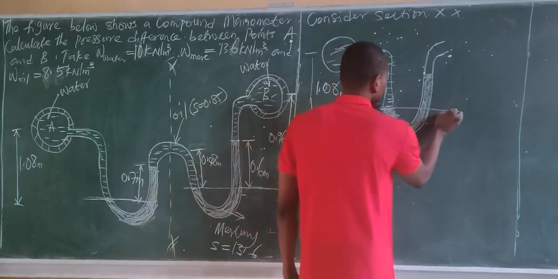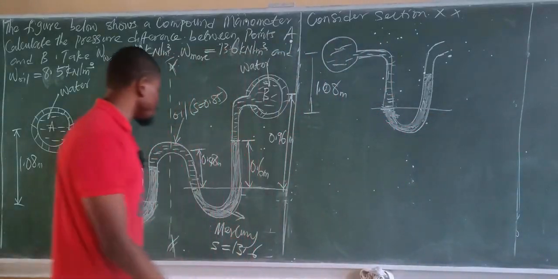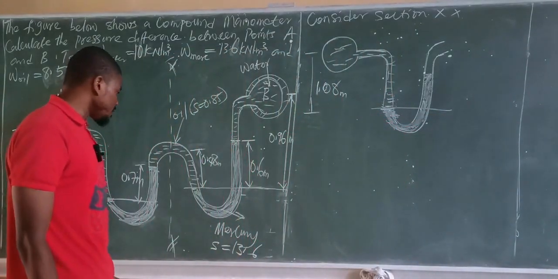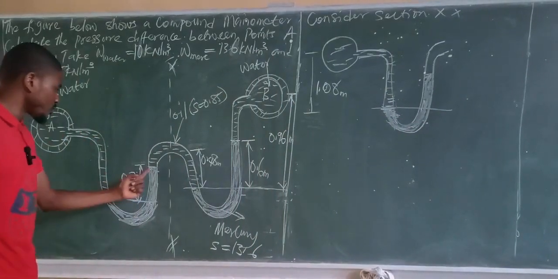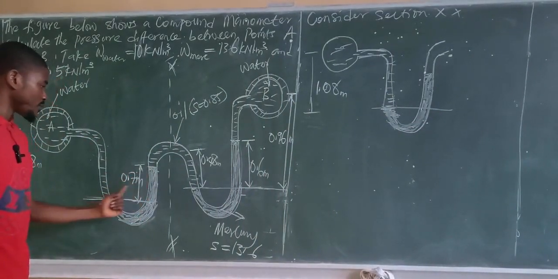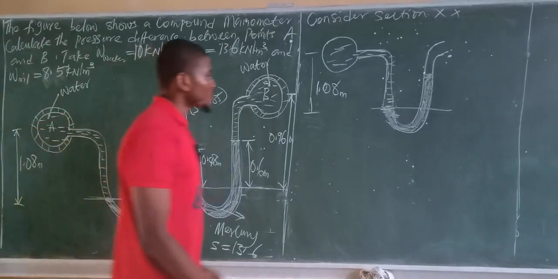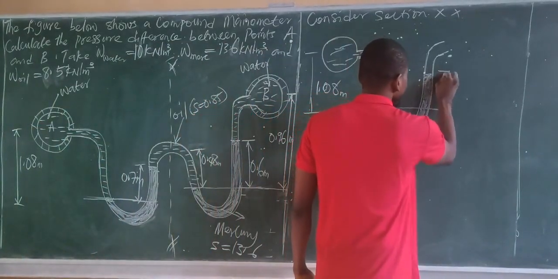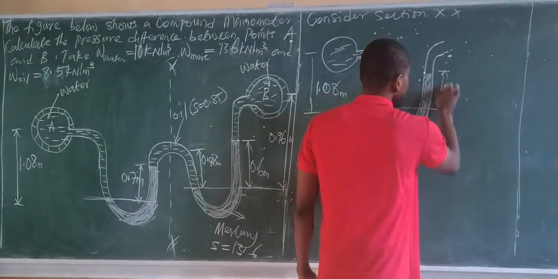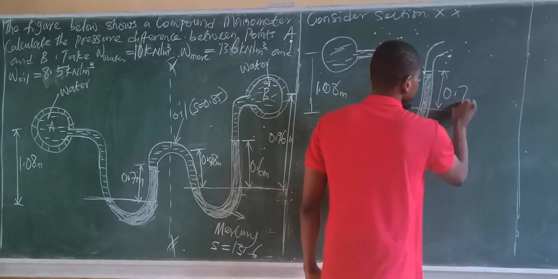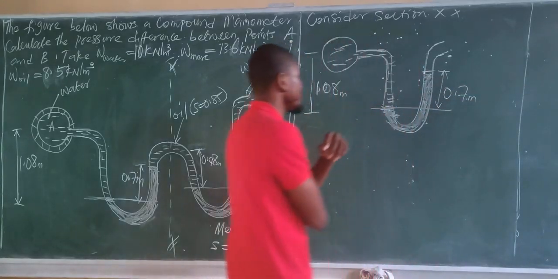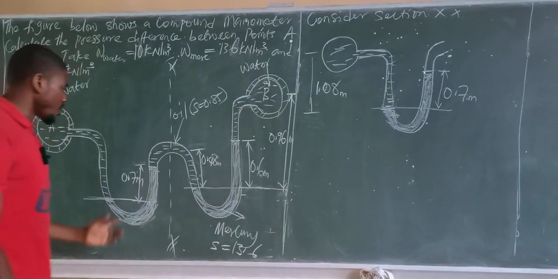All right, this is the datum line for this situation. Also, on this other side, we have the height of mercury, which was given as 0.7 meters. That becomes the height of mercury on this portion.